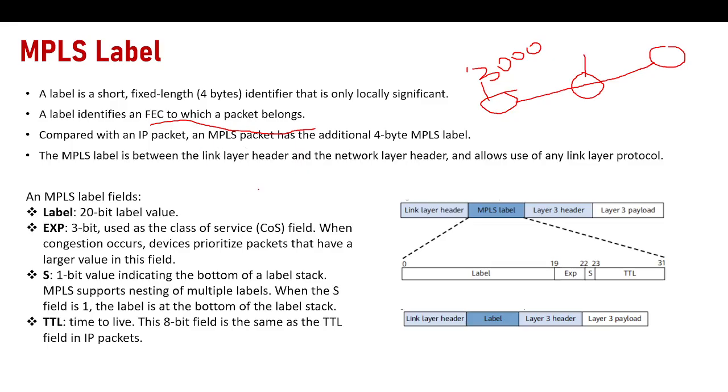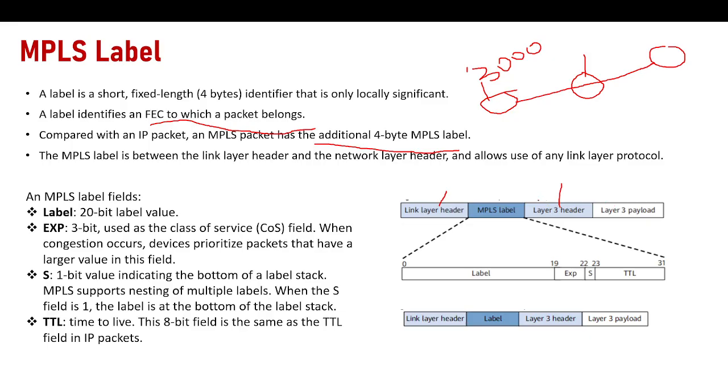So once you've introduced an MPLS label, it means the MPLS packet will have an additional 4 bytes. Remember, initially you had the link layer header, the MAC addresses, then the layer 3 header, the IP address, and maybe the TCP header, the layer 4 header.